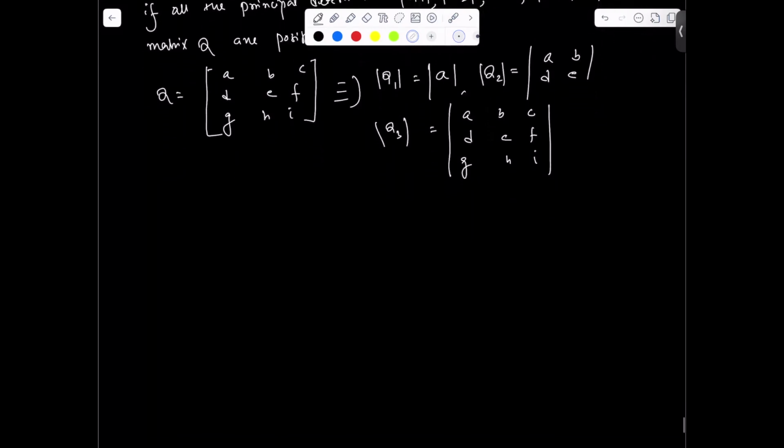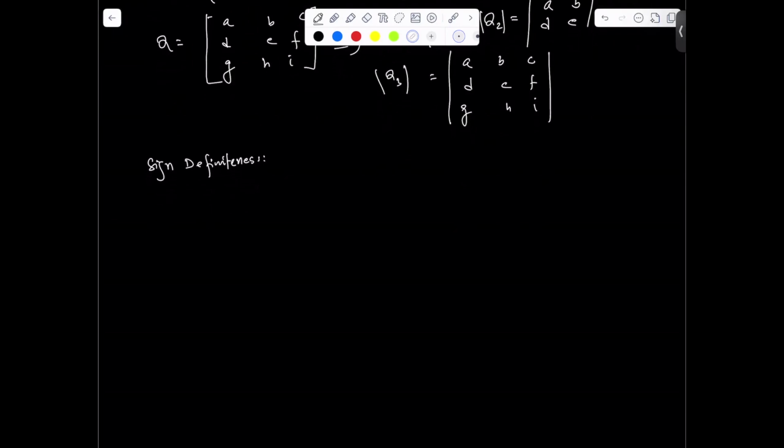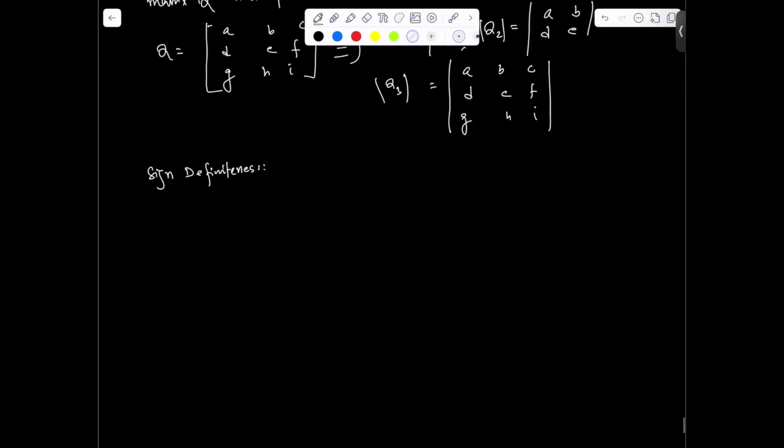Now, we'll look at sign definiteness. Okay, we can just simply go to the example, I think it is better.